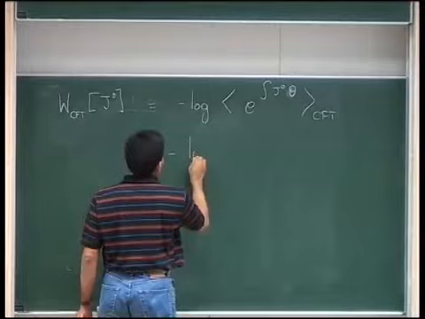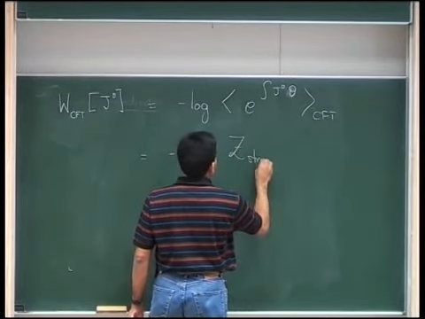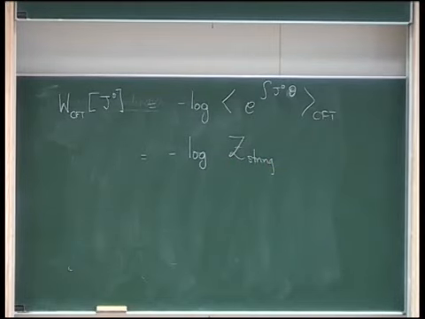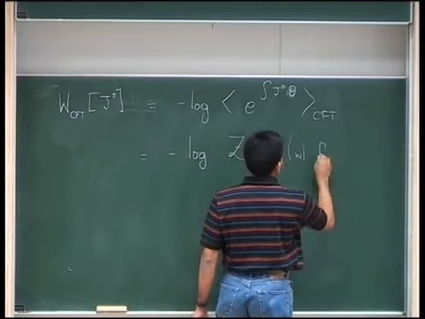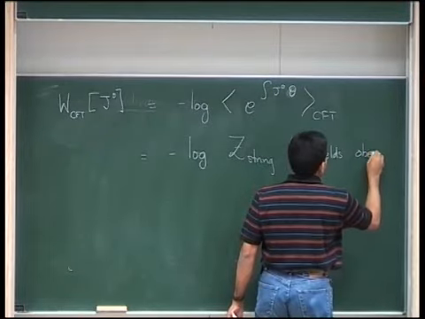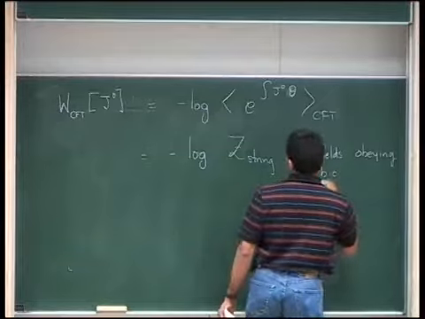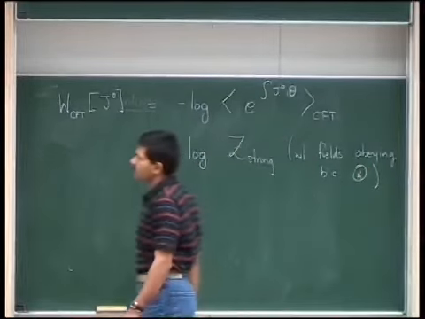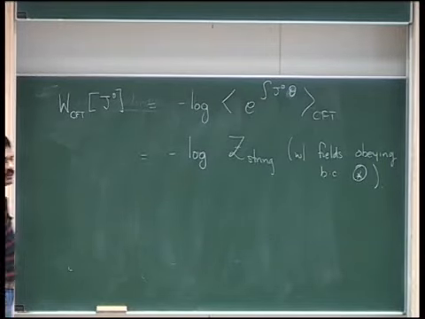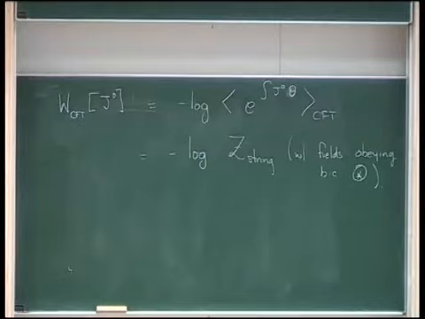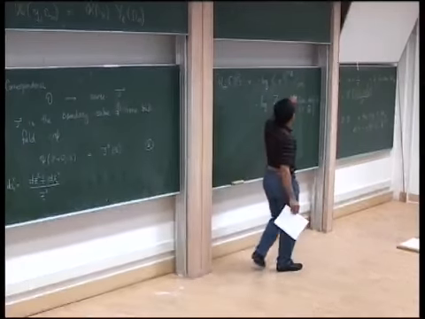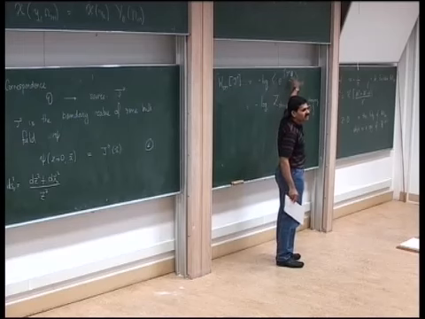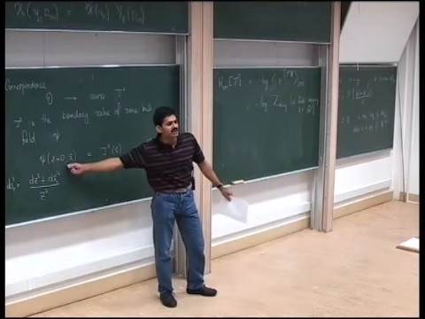The claim is that this is minus the logarithm of the string theory partition function, evaluated with the restriction that all fields obey the boundary condition that I'm imposing, that the source I'm interested in to couple to the operator on the boundary is given by the boundary value of some bulk field.